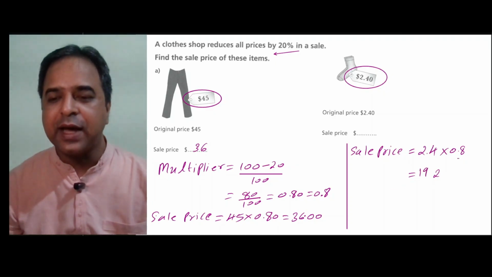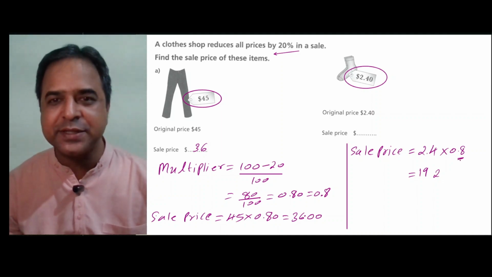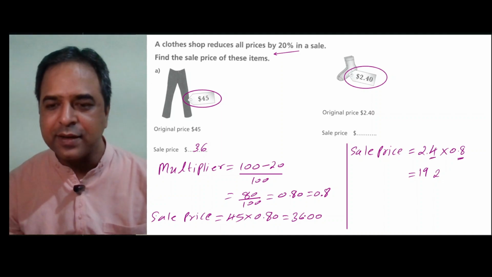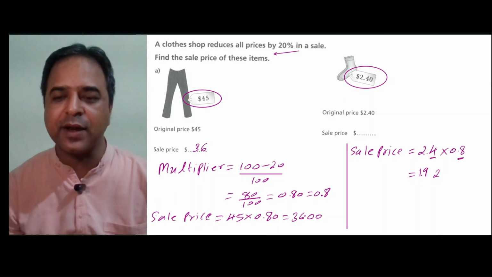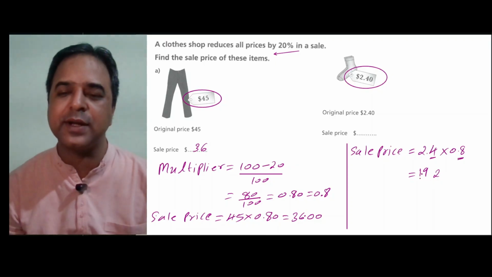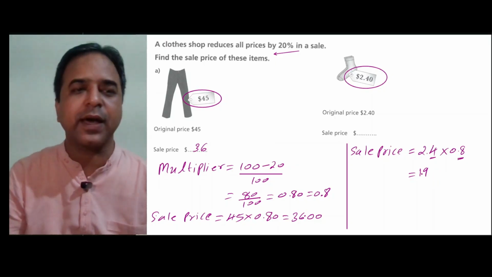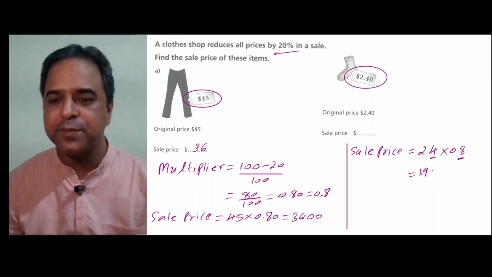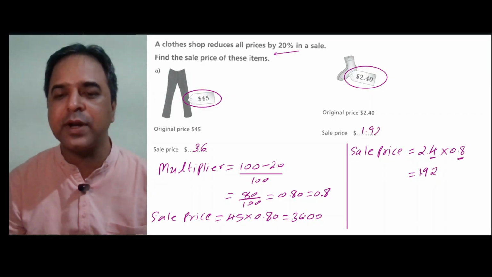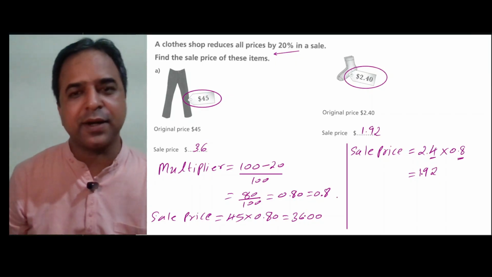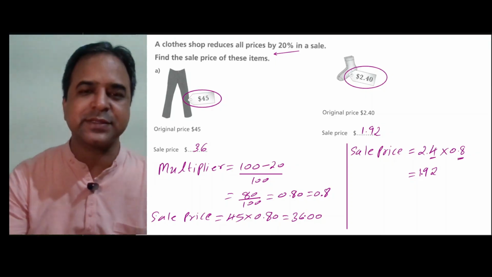But you can see after the decimal, how many digits are there? 1 over here, and here also one more. So in total 2. So your final answer is going to be $1.92. Understood? So this is how multipliers are utilized.